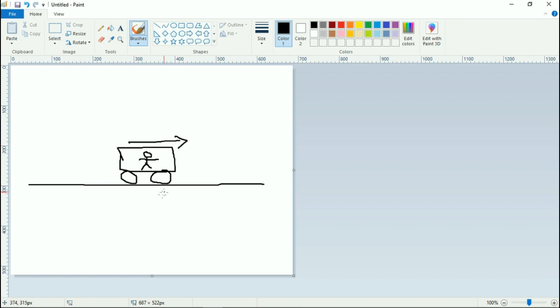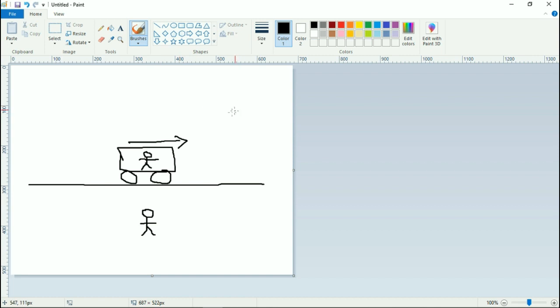There's also a person standing outside of the train car, just standing on the side of the road or whatever. Now notice that they're lined up, which is important too.